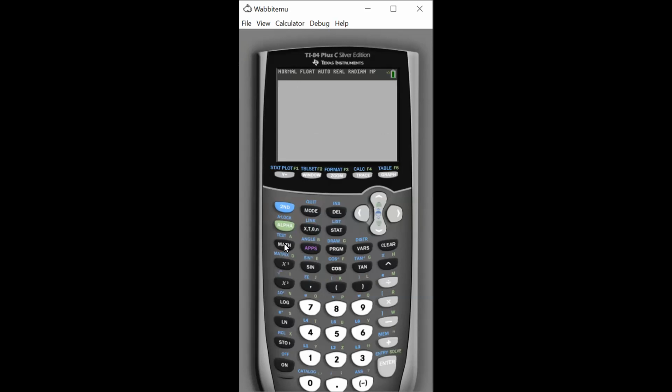You can actually get the summation by pressing math, then you press up until you reach summation. Enter. Then what's the variable here? We use I, but never mind, I'll just use X here, because that's how the calculator works. You need to use variable X. Then X equals to, we had a summation from 1 to 8 of bracket 7.5 times I, in this case X, minus 1, close the bracket again, power 2, then minus 1.